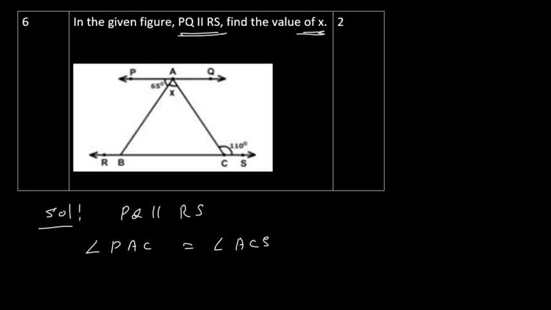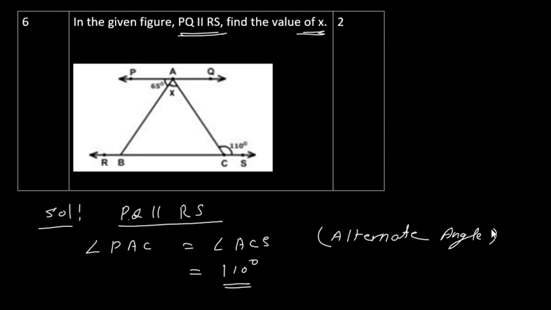Why are they equal? Because they are alternate angles of two parallel lines. So here I will mention reason, alternate angle. Now angle PAC is equal to ACS, that means it is equal to 110 degree. This is your equation 1.